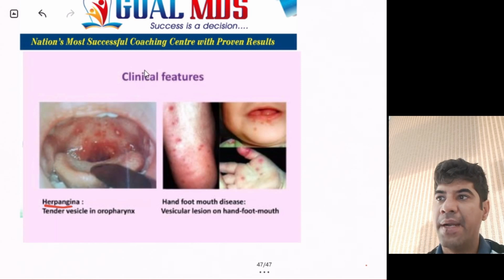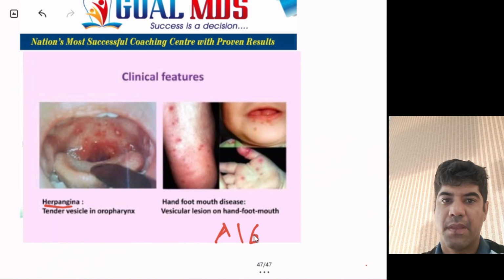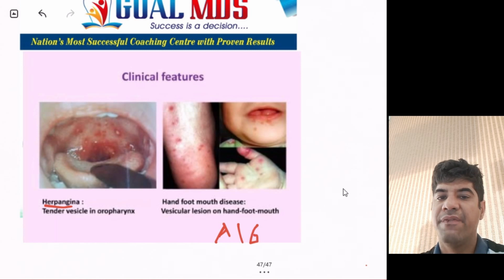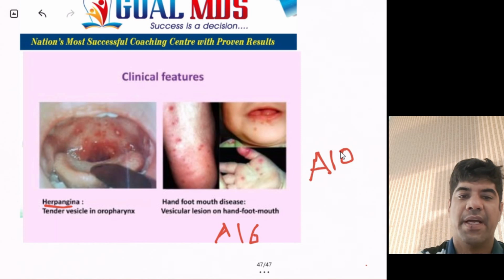Hand, foot and mouth disease is caused by Coxsackie virus A16. And acute lymphonodular pharyngitis is associated with A10 Coxsackie virus.